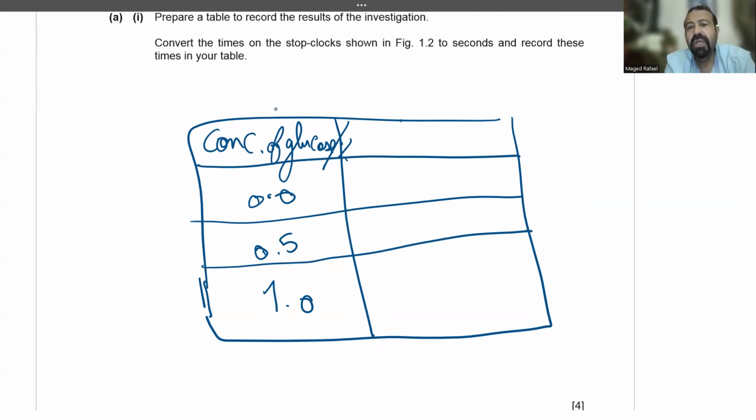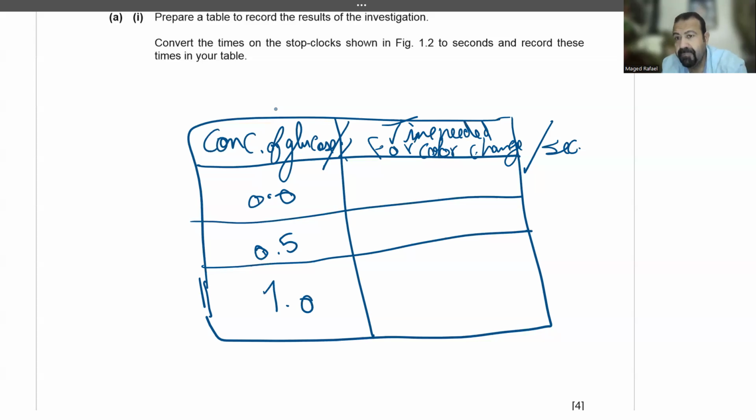And here we will write the time needed for color change. It should be in seconds because he asked you to write the time in seconds.